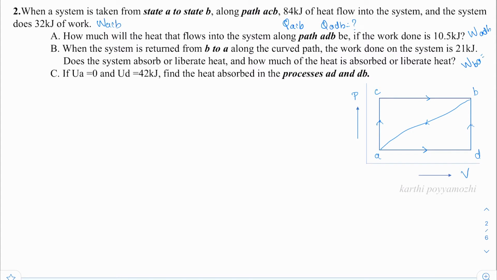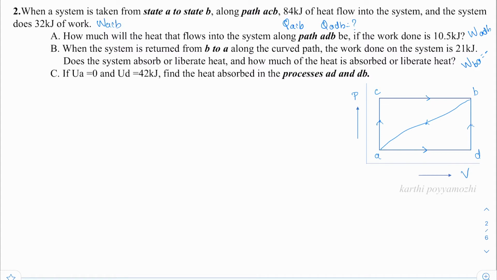That is, work is done on the system, so we are using a negative sign in this case. We have to find whether the system absorbs or liberates heat, and how much heat is absorbed or liberated by the system.